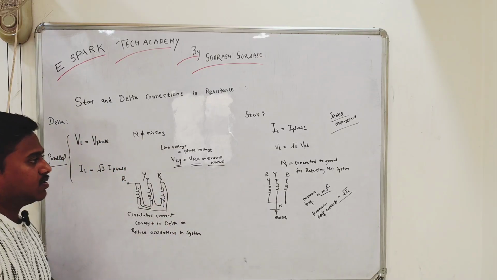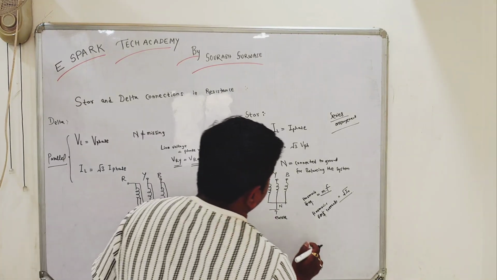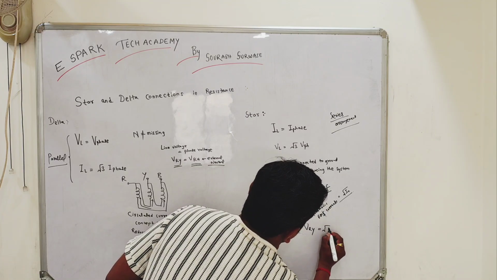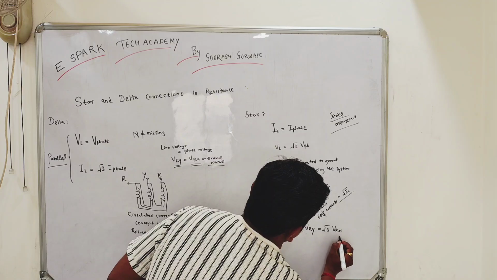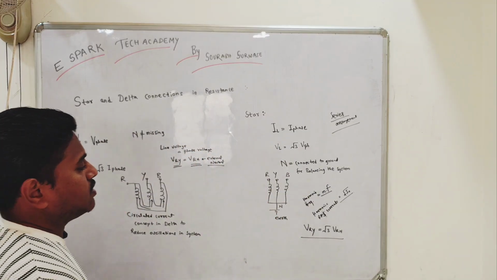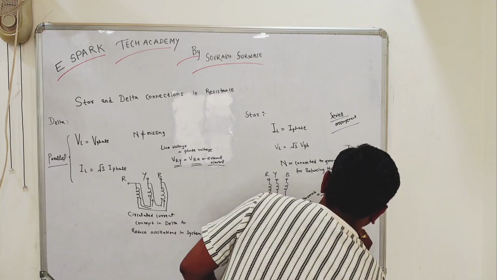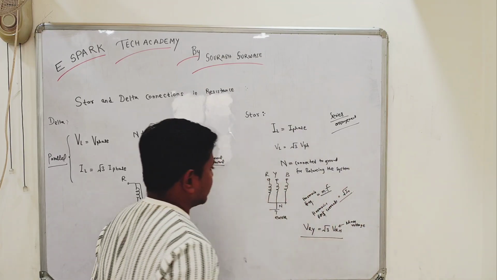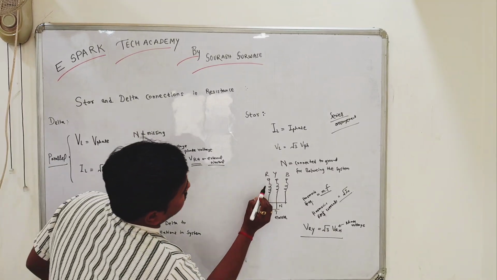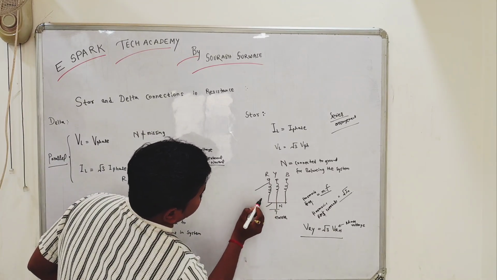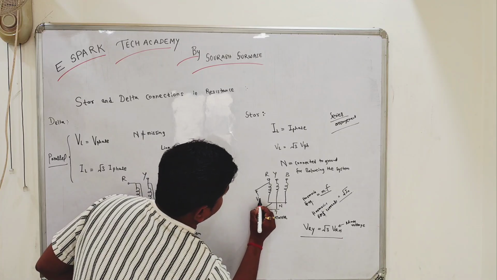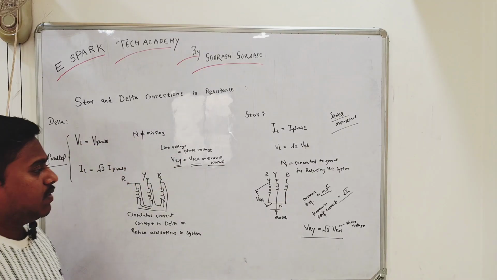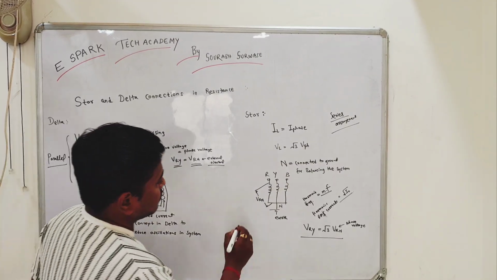In this case the VRY is equal to root 3 into VRN. You can see this is nothing but phase voltage. The voltage across this will be VRN. This is neutral to line, that's why this is phase voltage.